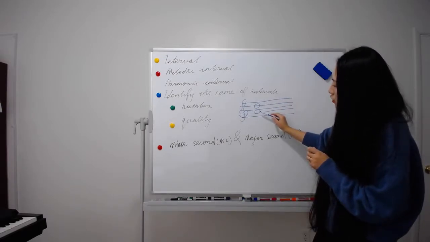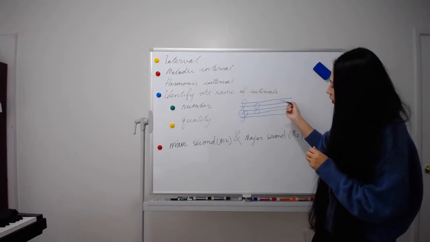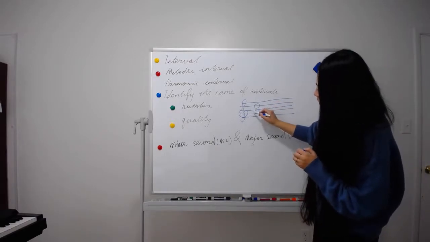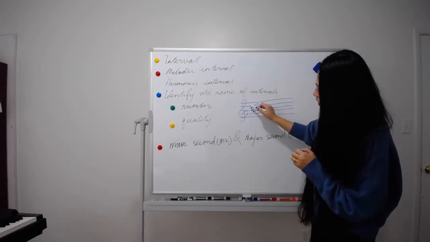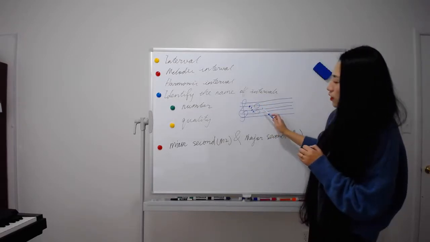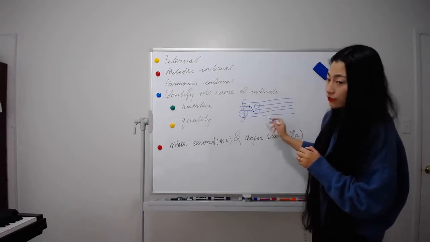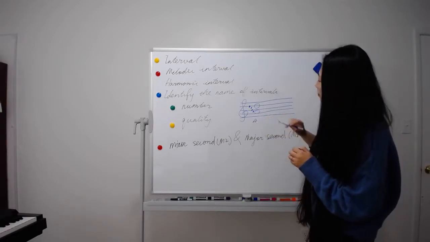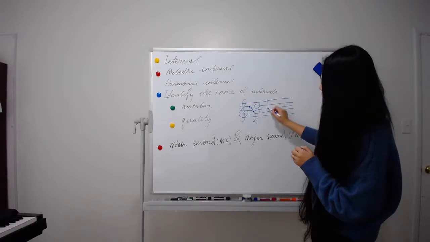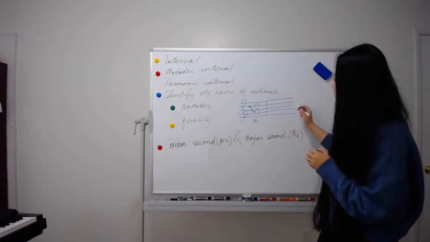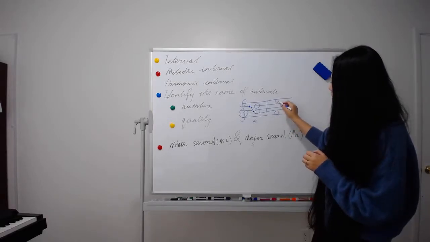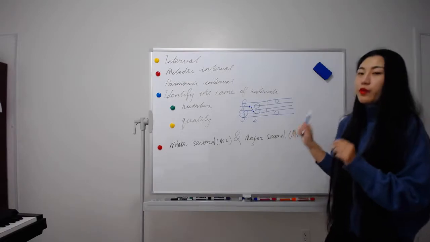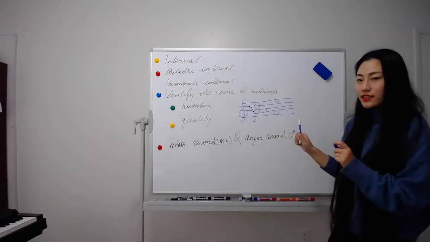So A to D. Let's count 1, 2, 3, 4. See, the number of this interval is 4. Let's take another example. Remember, both lines and spaces are counted.